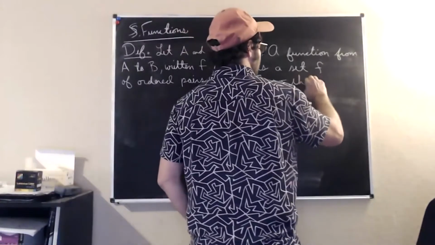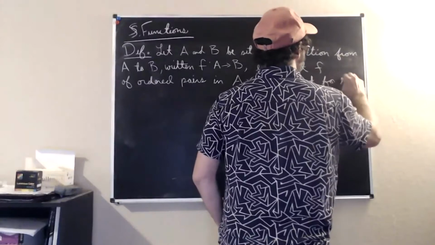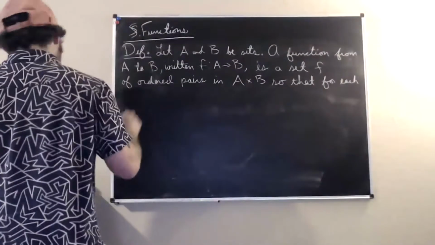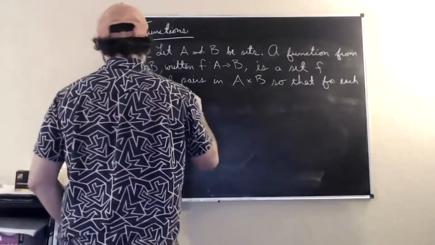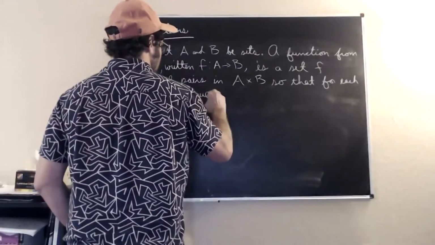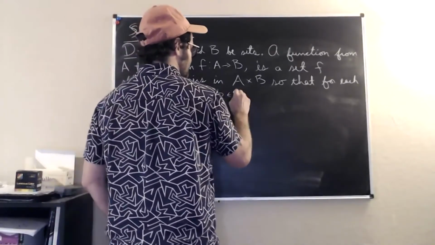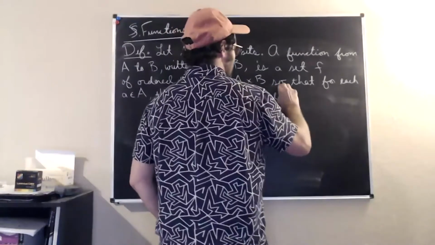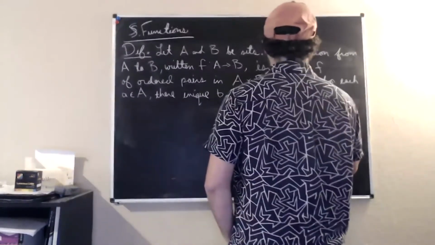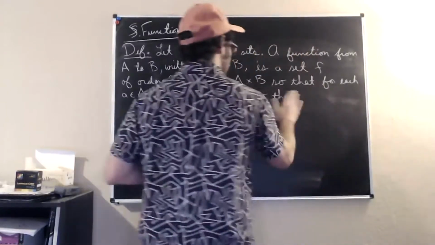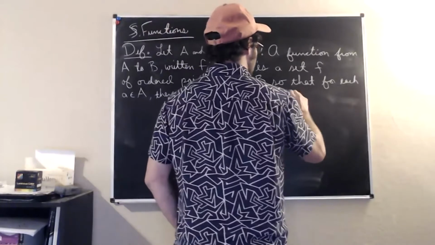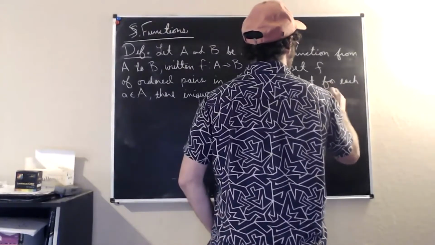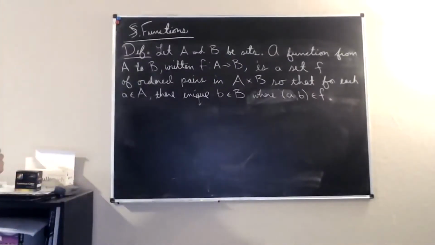So that for each little a in capital A, there is a unique little b in capital B, I don't like saying so that so many times, I'll say with a unique b in capital B, where a comma b is in that set F. Okay.